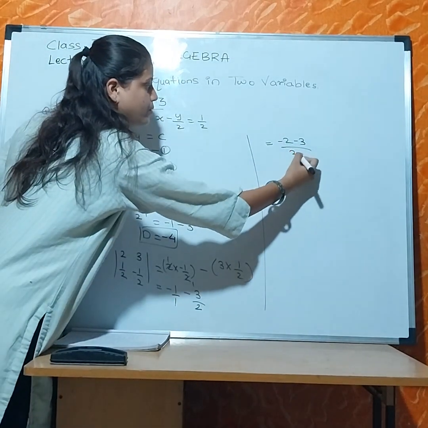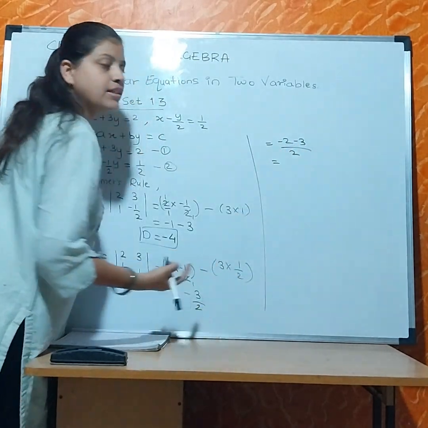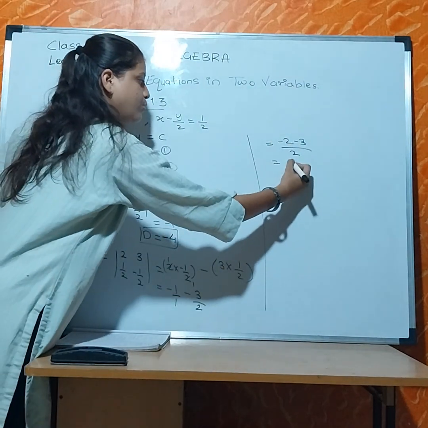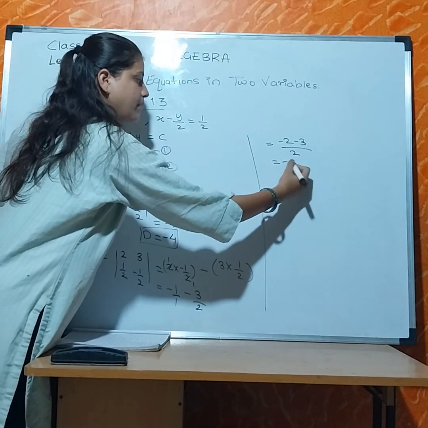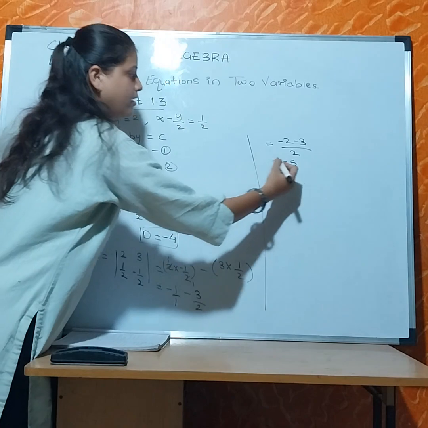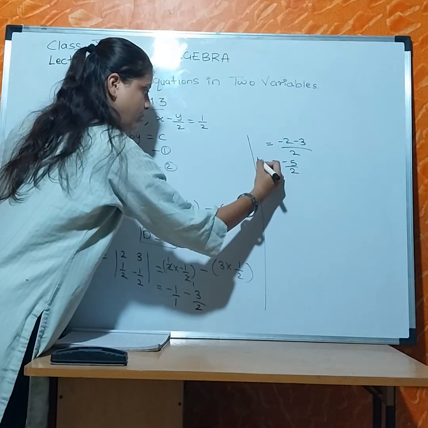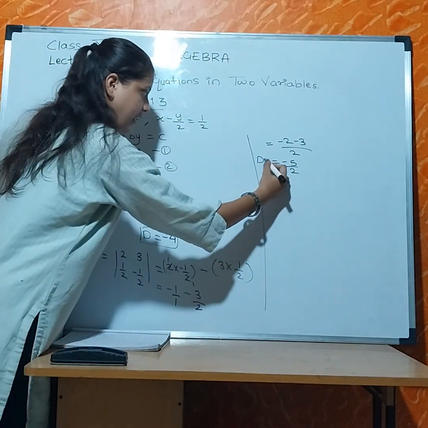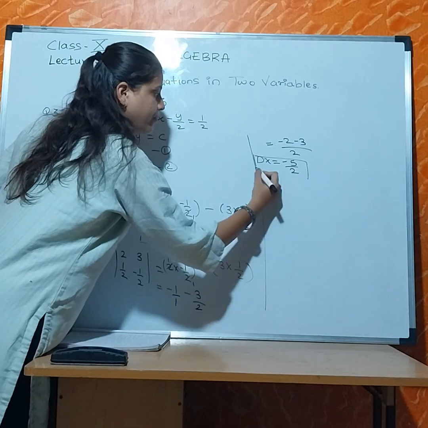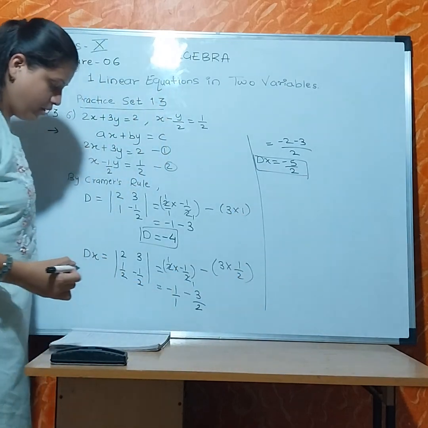Minus minus is plus, so 3 plus 2 is 5. The bigger number's sign is minus, so minus 5 upon 2. So the answer of Dx is minus 5 upon 2.